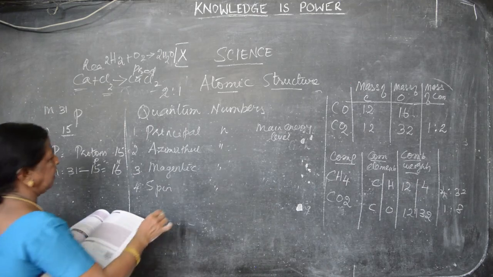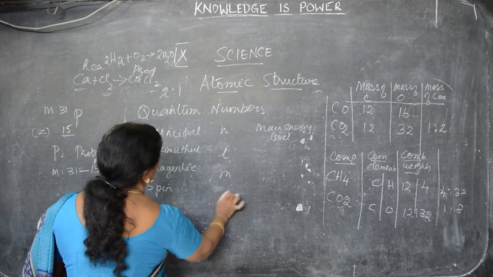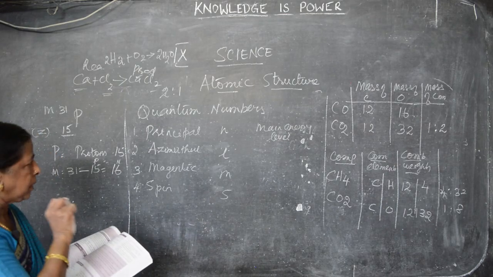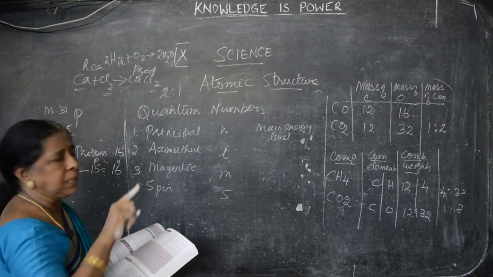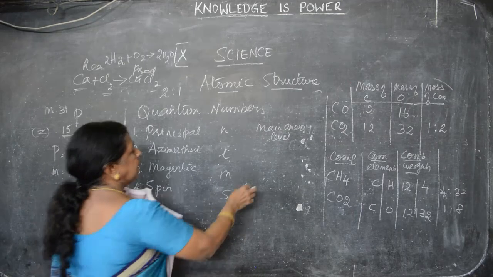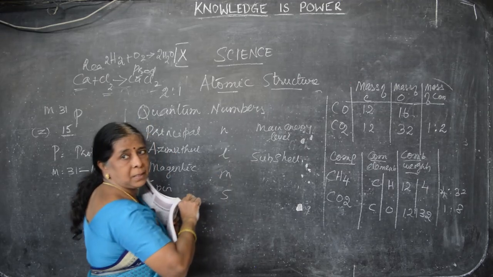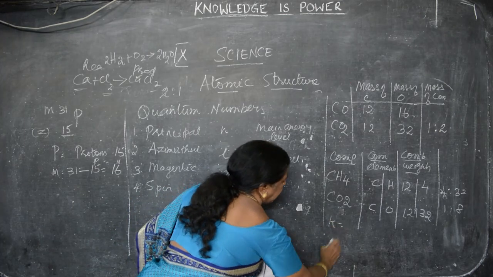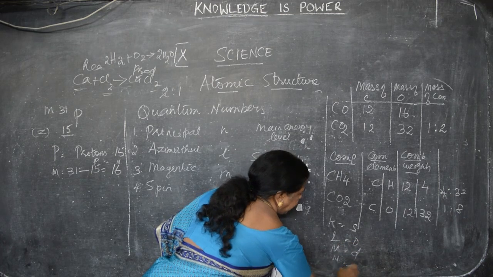First one is represented by N, azimuthal by L, then magnetic by M, and spin quantum number by S. All the 4 quantum numbers represent the position of the electron. The principal quantum number says where the electron is, which main energy level. Azimuthal quantum number says what the subshell is. For example, K, L, M, N shells, subshells S, P, D, F.